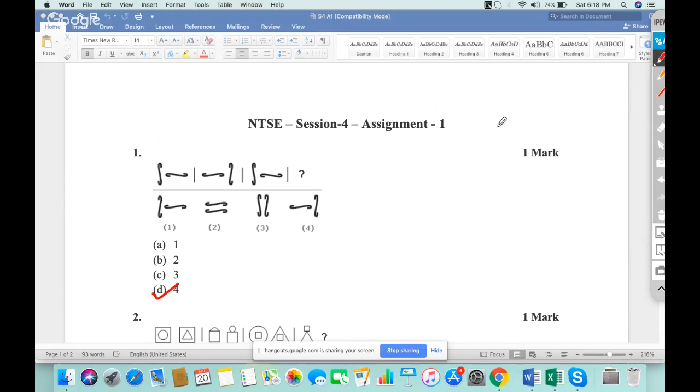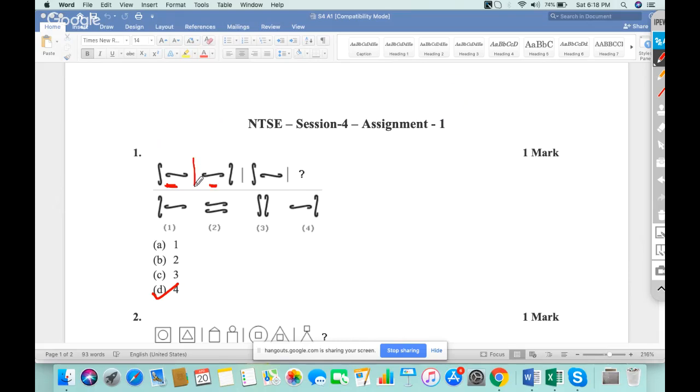And why is this option correct? Because you look at here, whatever is happening in this figure, exactly opposite is happening in this figure.